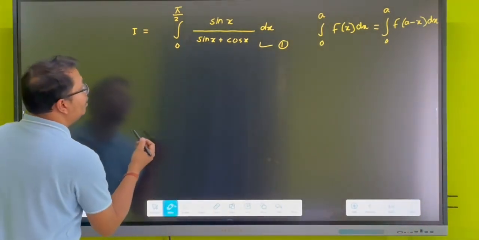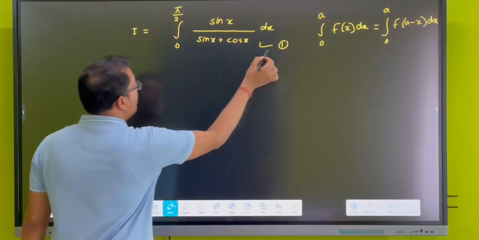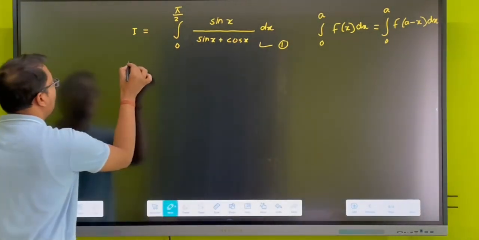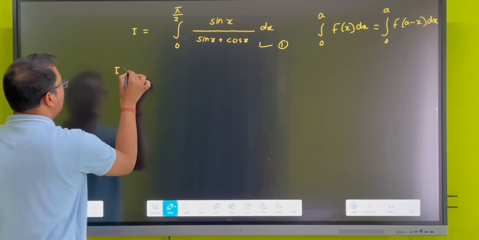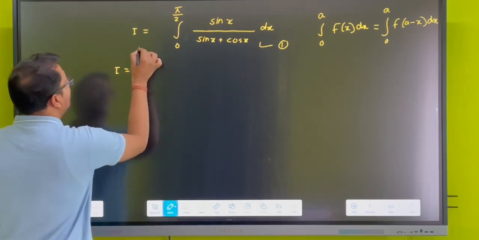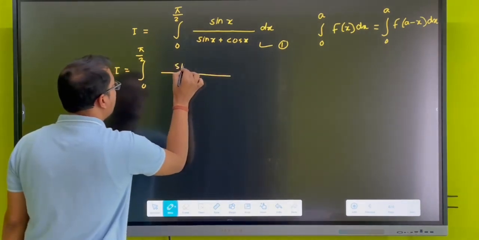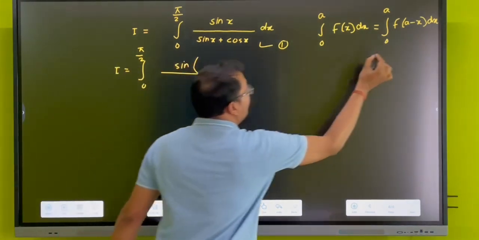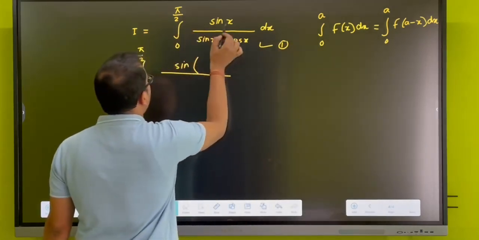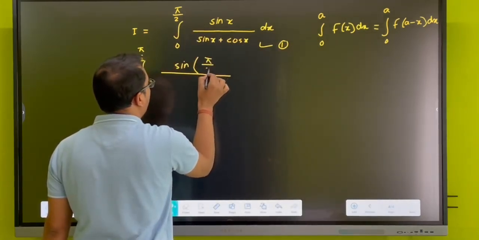So what I have done, I have taken this as number 1. Then we'll apply the property. So I equals integration from 0 to pi by 2. Here in place of sin x, I will write sine of a minus x, meaning sine of pi by 2 minus x.